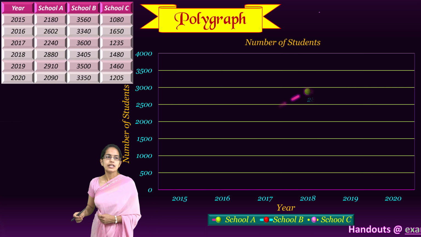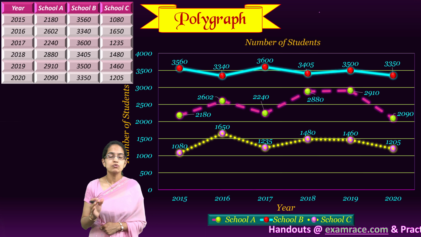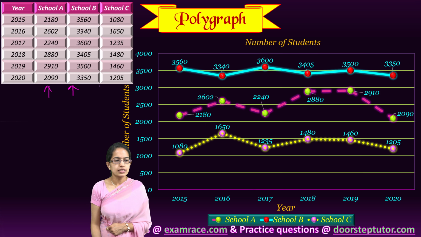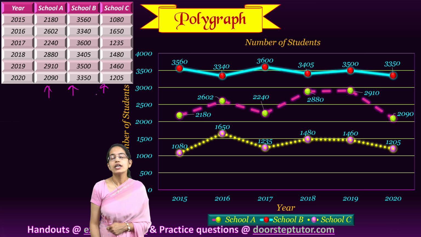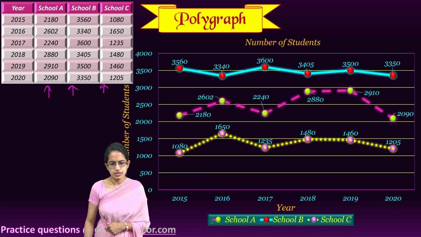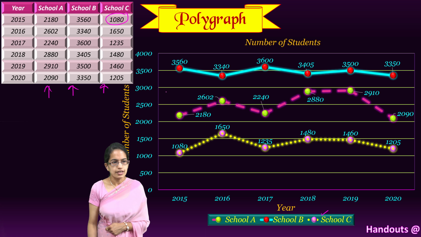The next is the polygraph. Under polygraph, we draw line graphs, but they represent multiple values. For example, we see the number of students enrolled in various schools, and we have the marking for various schools. So school C is a yellow dotted line. The values are 10, 80, 1650.